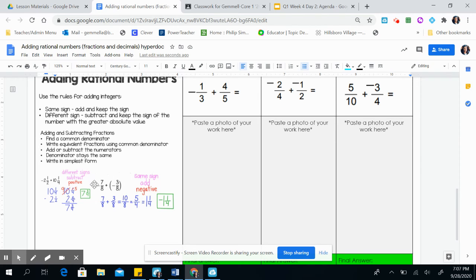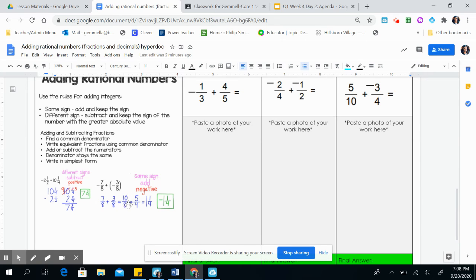Okay, our next one, we have negative 7/8 plus negative 3/8. These both have the same sign. They're both negatives. So if they have the same sign, we're just going to add them and keep the sign, right? Because we got these negatives plus these negatives means we're just going to end up with more negatives. So 7/8 plus 3/8, that should actually say, yes, that's right, is 10/8.